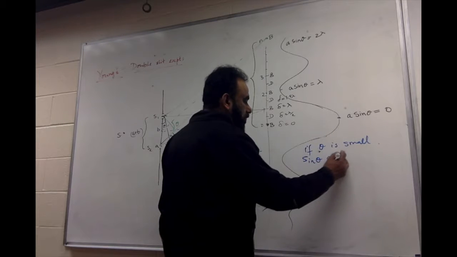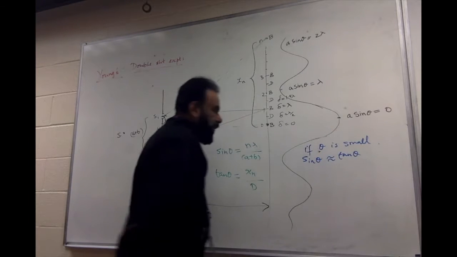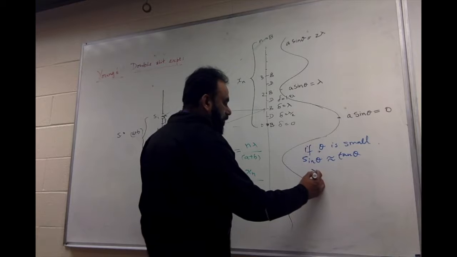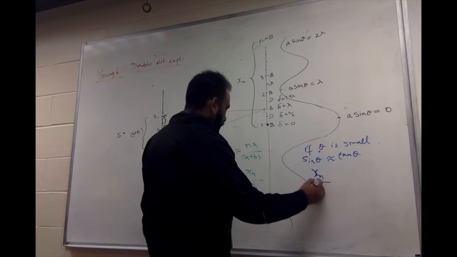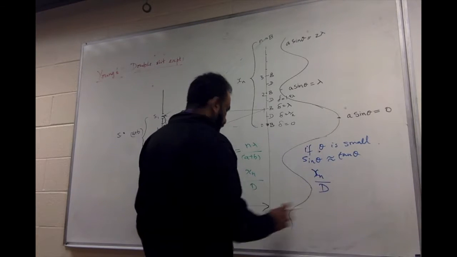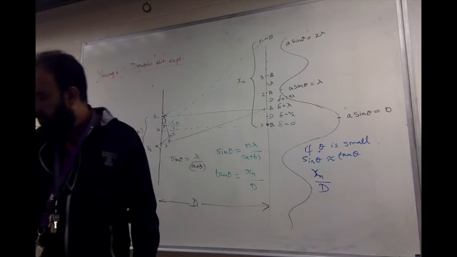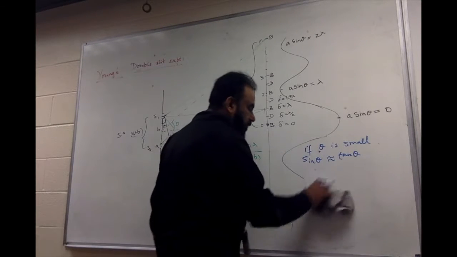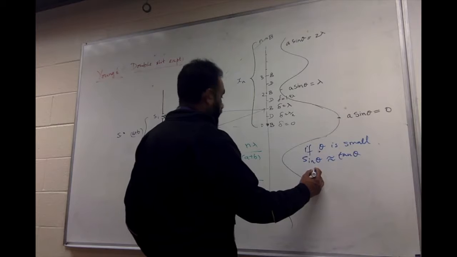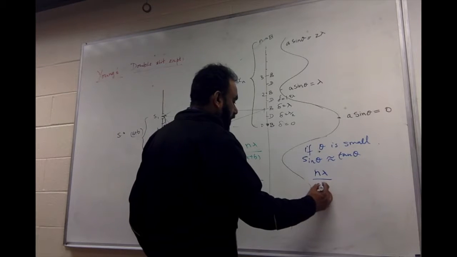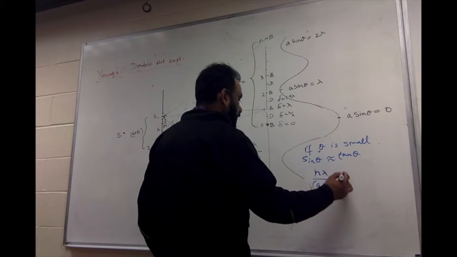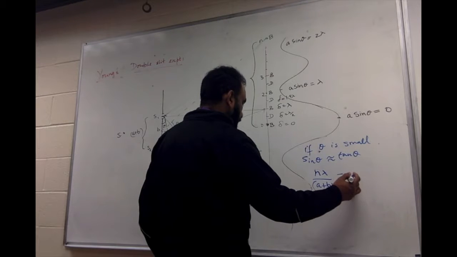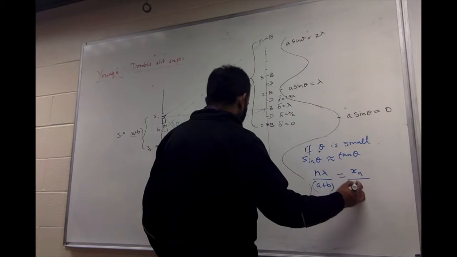And so you get xn over d, which is tan theta. What is that? n lambda over a plus b is equal to xn over d.